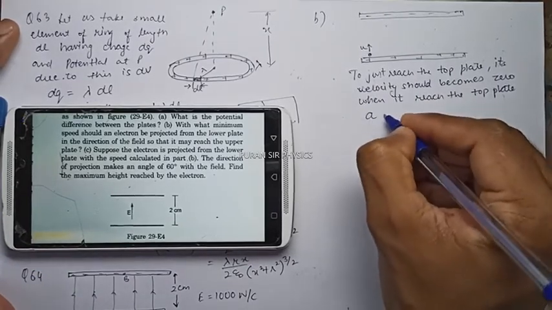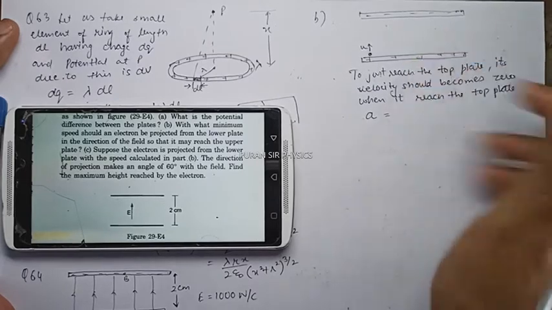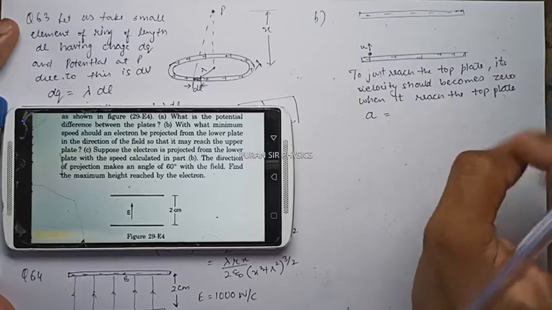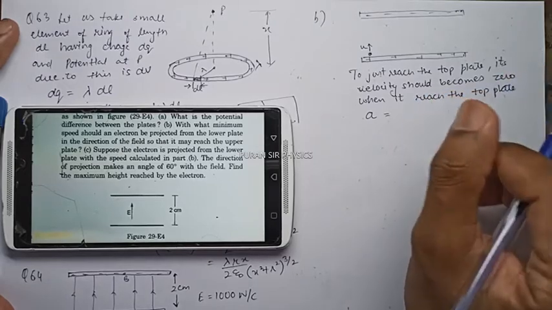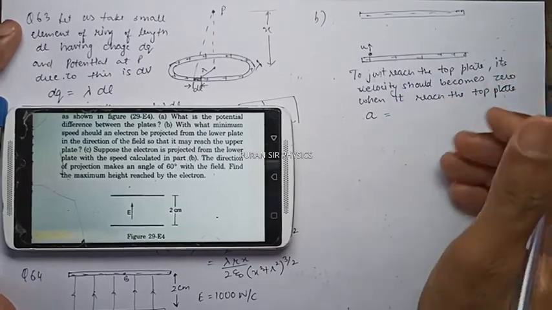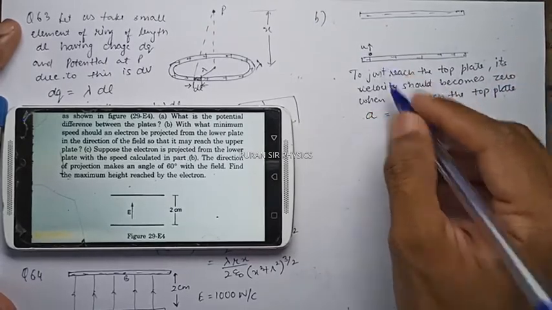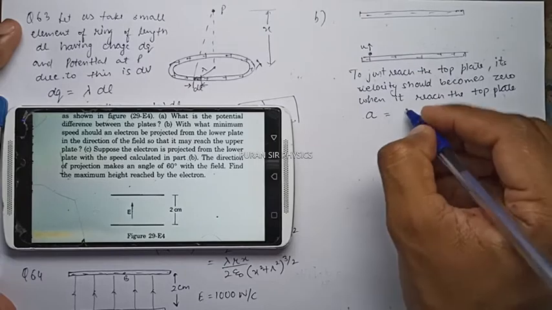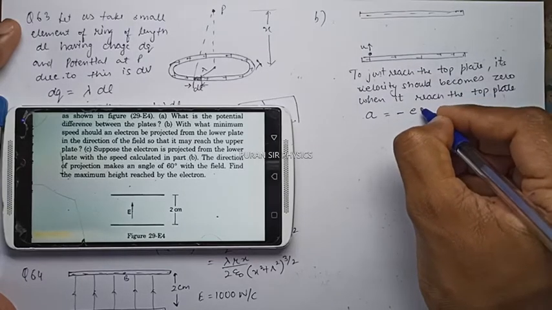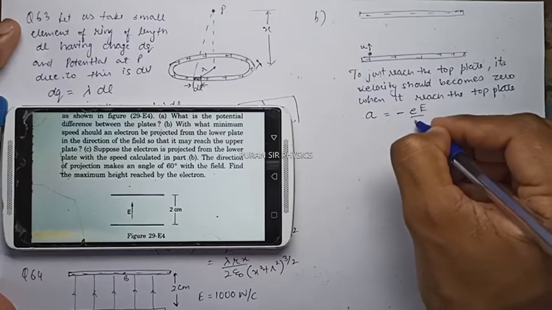So what will the deceleration be in this case? Here, in case of an electron, we can ignore gravitational force because it is very small, nearly 10 raised to the power 40 times smaller than your electric force. So we do not need to consider gravity here. So the deceleration in this case will be minus E by m.